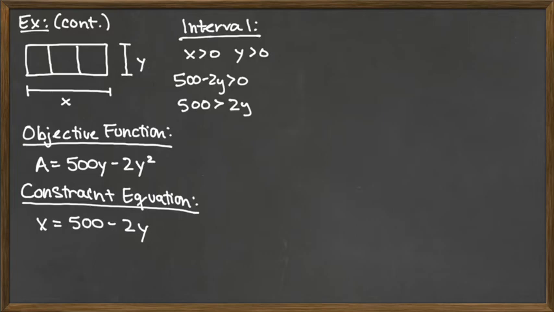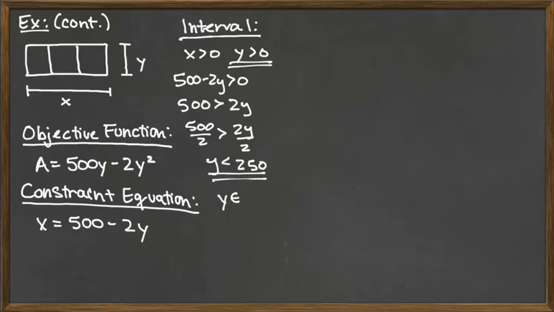Dividing both sides by 2 tells me that 500 divided by 2, oops, sorry, that's not an equal sign, it's a greater than sign, would be greater than the 2y divided by 2. So that would mean that y has to be less than the 500 over 2, which is the 250. So combining these two pieces of information, we have that y has to be bigger than 0 but less than 250. So our interval then is y is in the 0 to 250 interval.